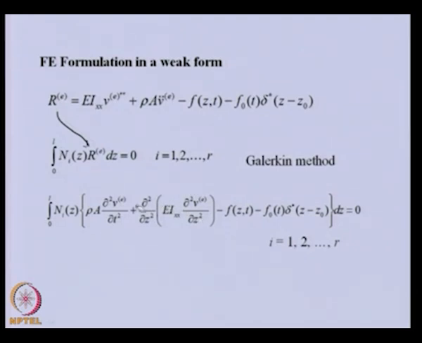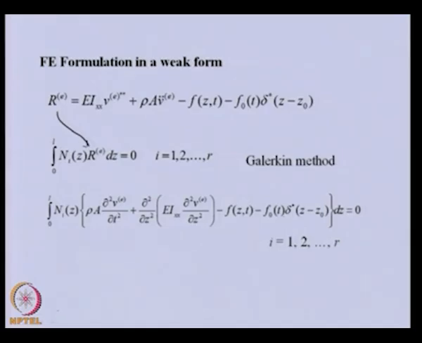If it is constant, it will come out, and we will have the derivative of v with respect to z 4 times, which we have represented as prime here, and here explicitly we have expressed in terms of the partial derivative with respect to z. And these force terms will be as they are. This is a distributed force, this is a concentrated force acting at z equal to z naught location. So, we have substituted the residual here, and we are equating it to 0. We have r number of such equations.